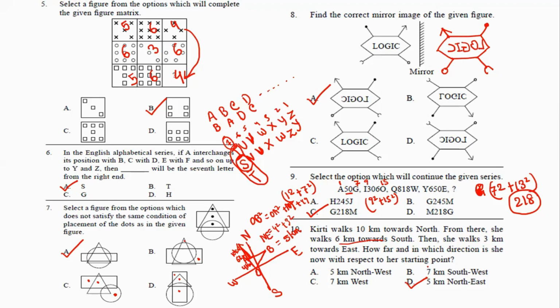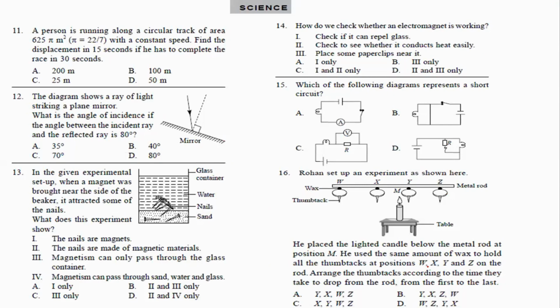Now we come to the questions of science, right? In the science section, it starts from question number 11. The first question says a person is running along a circular track of area 625 pi meter square with a constant speed, find the displacement in 15 seconds if he has to complete the round in 30 seconds.